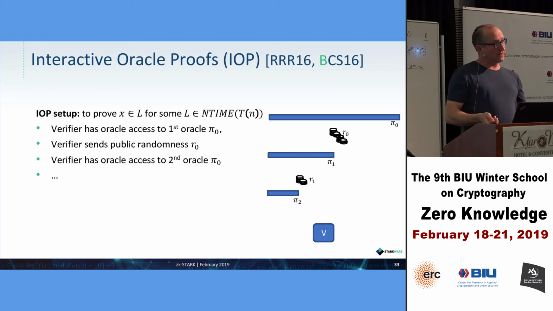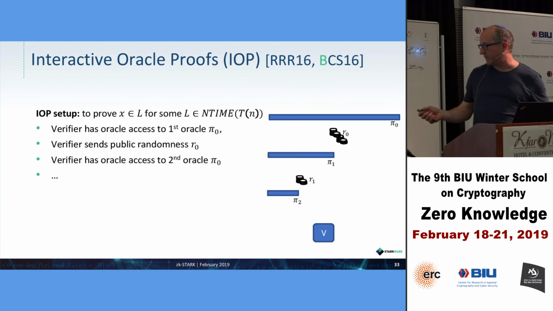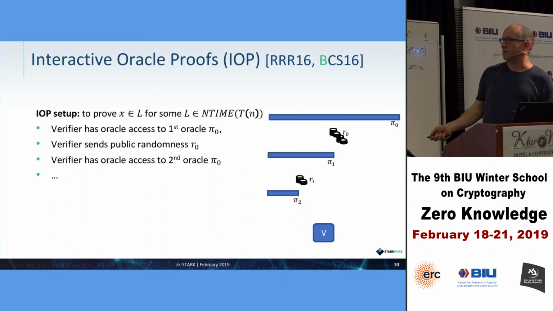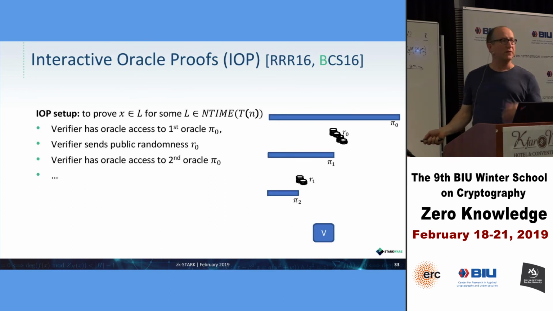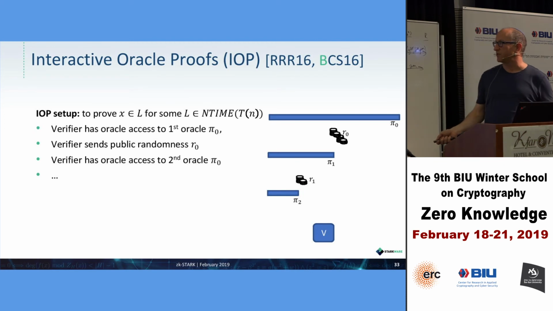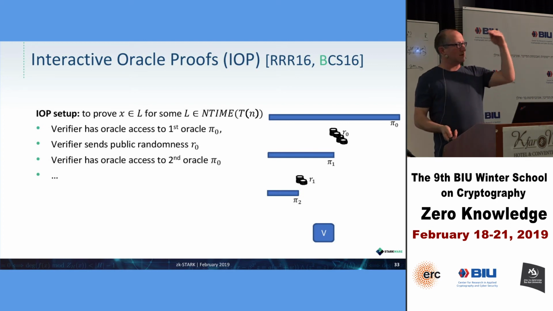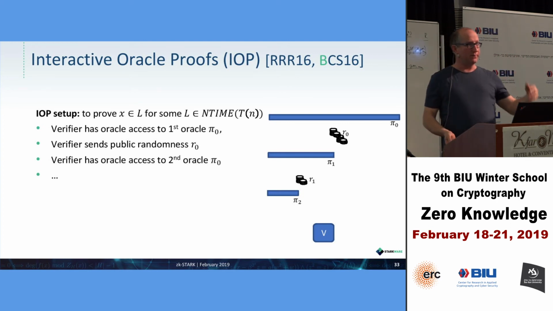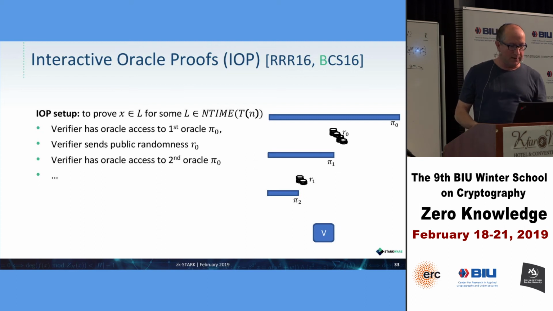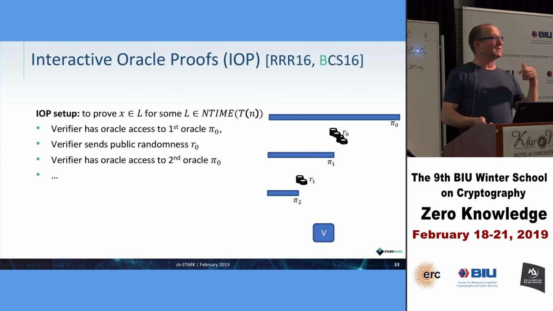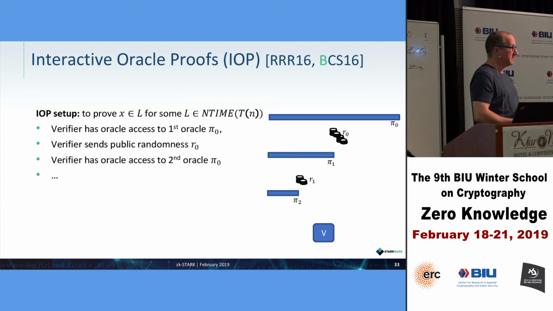And the verifier again tosses coins, and again there's another chunk of the proof. And the chunks don't have to go down in size. In many applications they do, and two talks later I'll show you a case where they do go down in size, but they could go up in size, they could be the same size. The main thing is that we allow many rounds of creating the oracle. And that's the IOP model. So it's like a multi-round version of the PCP model.